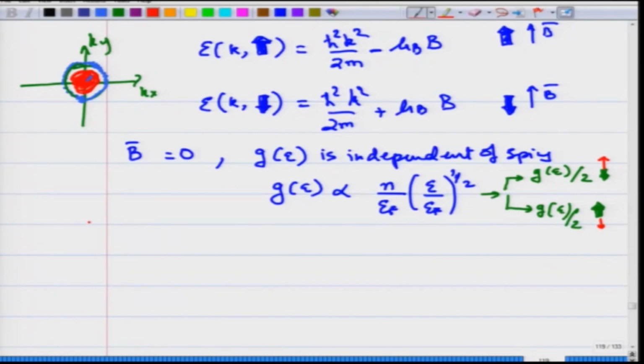So, let us draw this density of states first in zero magnetic field, for spin up and spin down electrons, as a function of energy.